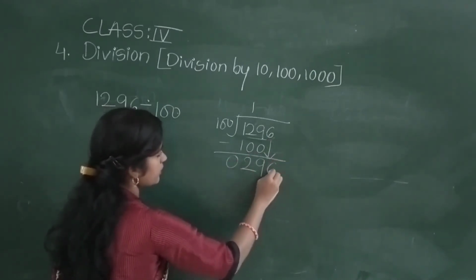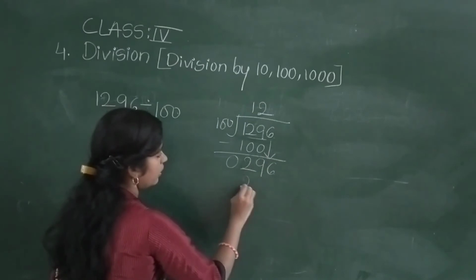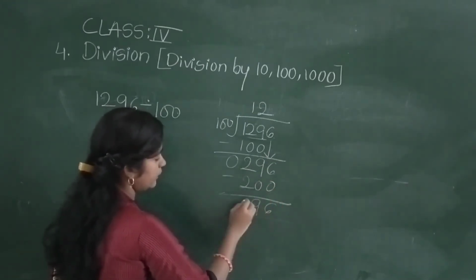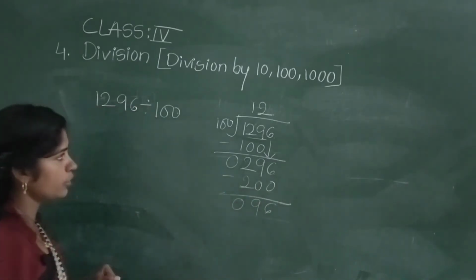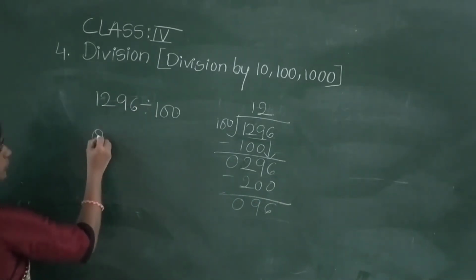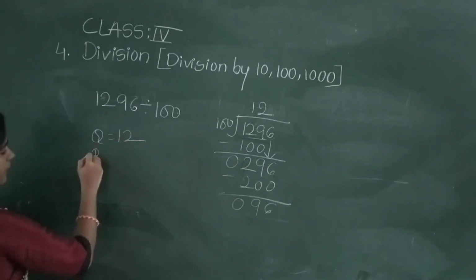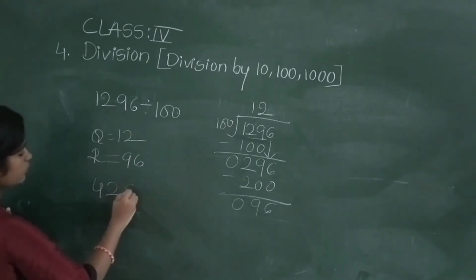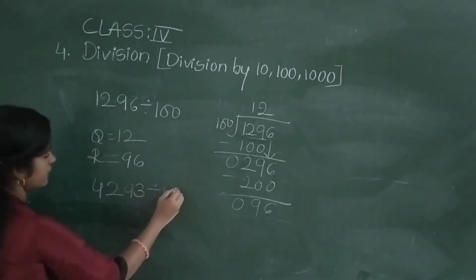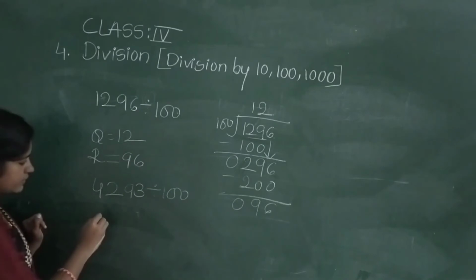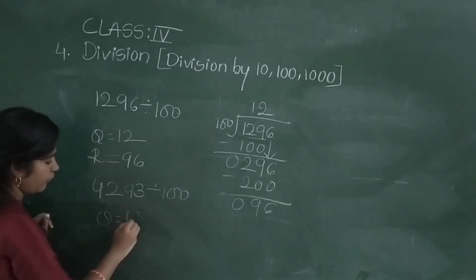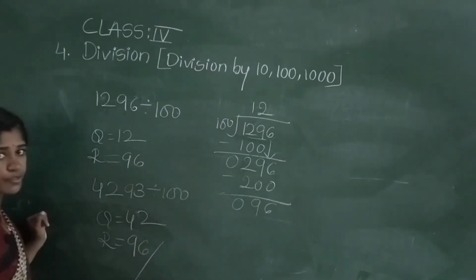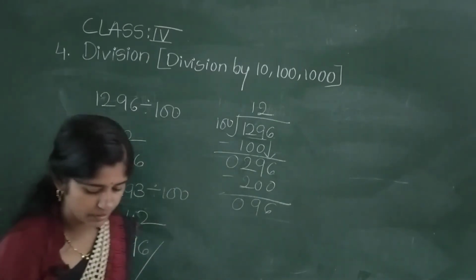Next you take this 6 down, again 100 2s are 200. 6 minus 0 is 6, 9 minus 0 is 9, 2 minus 2 is 0. So here what I have to write? Quotient is 12 and remainder is 96. Then tell me how to do this: 4293 divided by 100. Tell me directly. Yes, the quotient is 42 and the remainder is 93.